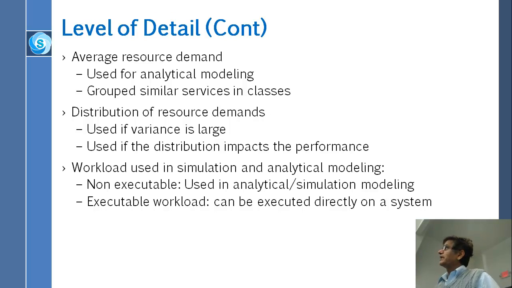Distribution of resource demands. Now after one number you are done, then you can say distribution. It is exponentially distributed. It is normally distributed with this mean and that variance, or it is binomially distributed. Whatever. Then you go into more detail, particularly if the variance is large, and if the distribution impacts the performance, which it almost always does.